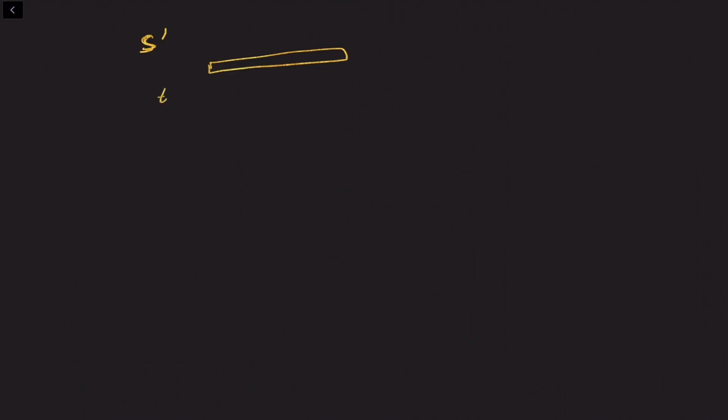That is, at a time t1 prime, you measure one end of the rod, and at the same instant of time, you measure the other end of the rod. And let's suppose that this rod is placed along the x-axis. So the y-coordinate would be unchanged. Then x2 prime minus x1 prime would just give the length of the rod.